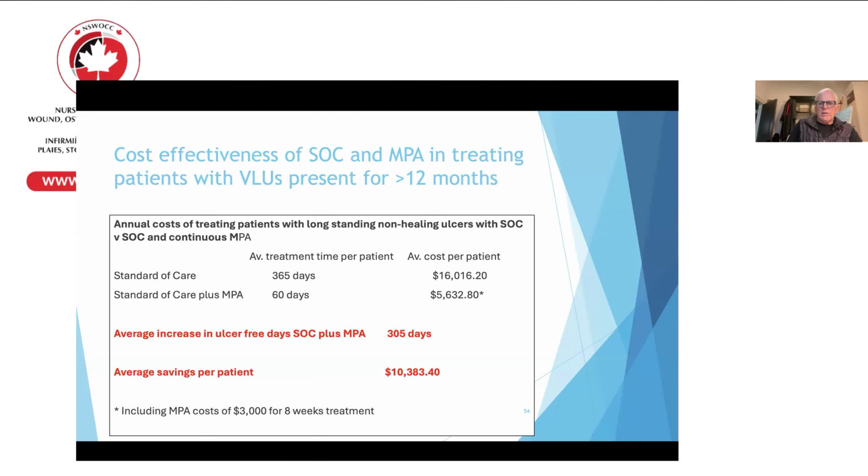And there they found that on average they could be closed in approximately 60 days, as compared to carrying on with the wounds really just not responding, not healing, as they had done for more than a year previously. So there you'll see the cost when you add in the muscle pump activation device, that you've got a savings of nearly $10,000 per patient, and you save them roughly 10 months of a wound. So very significant improvement for the patient and also for the healthcare system.